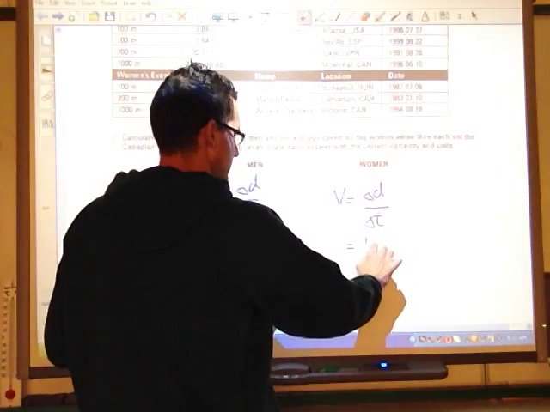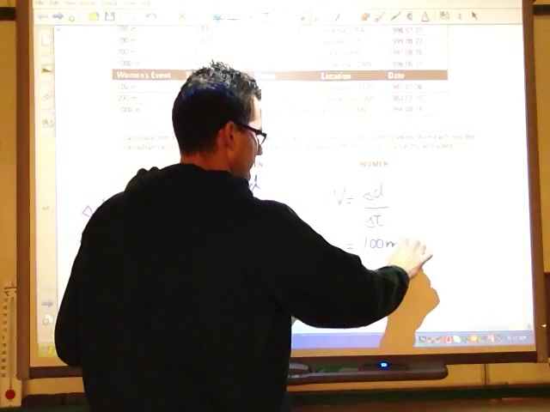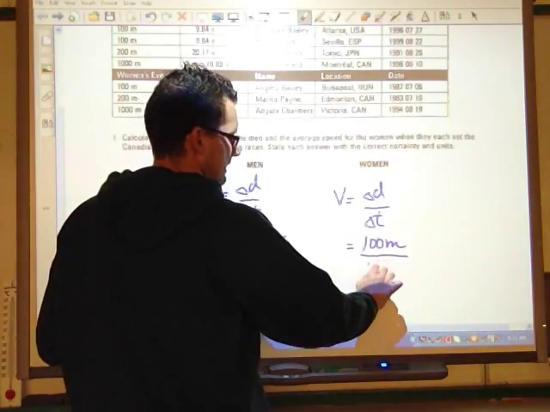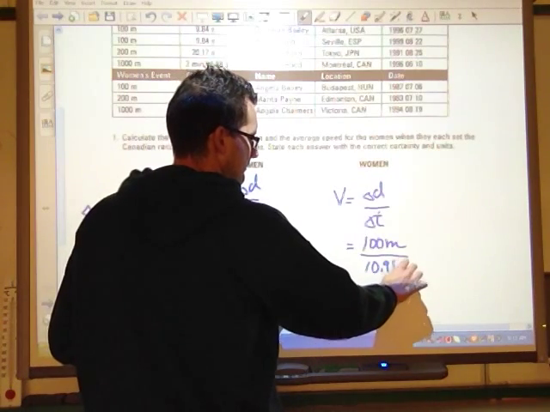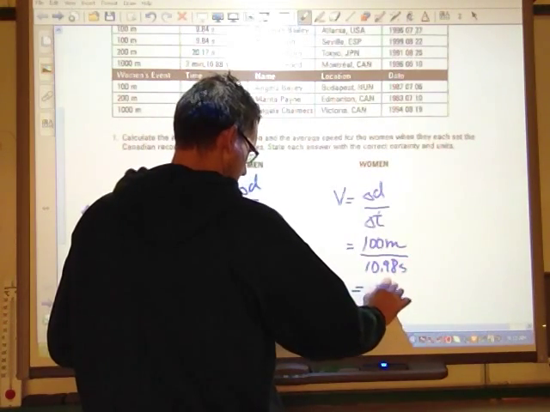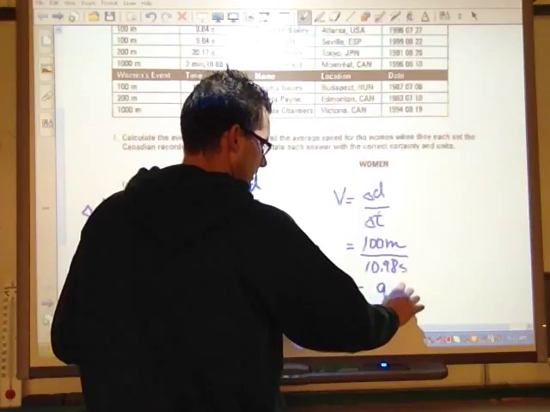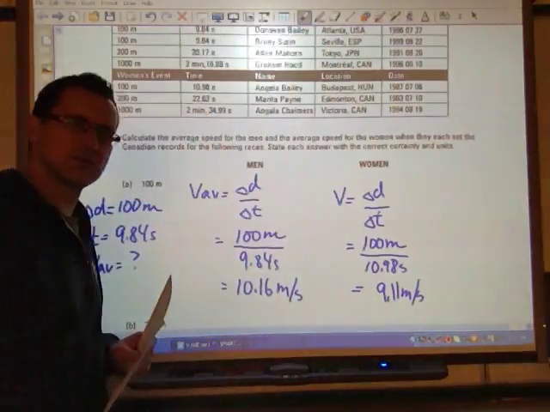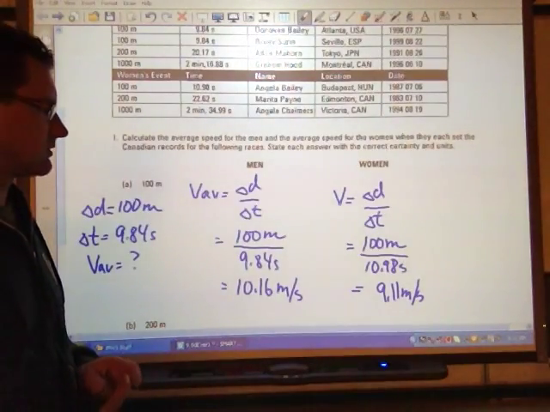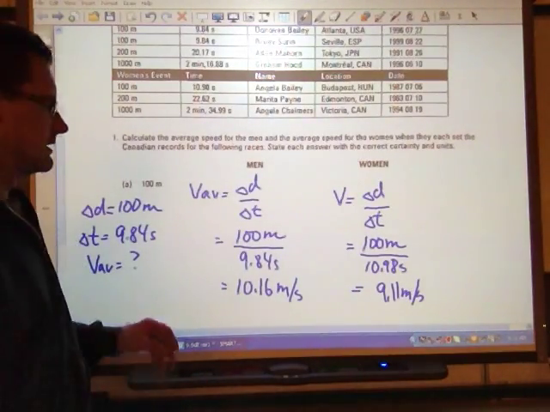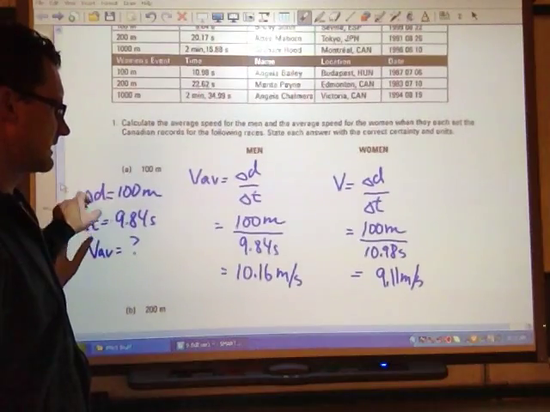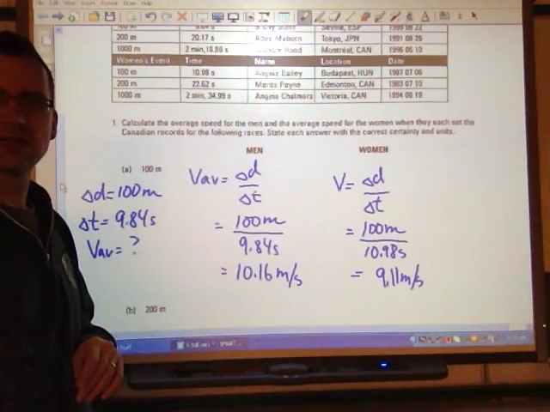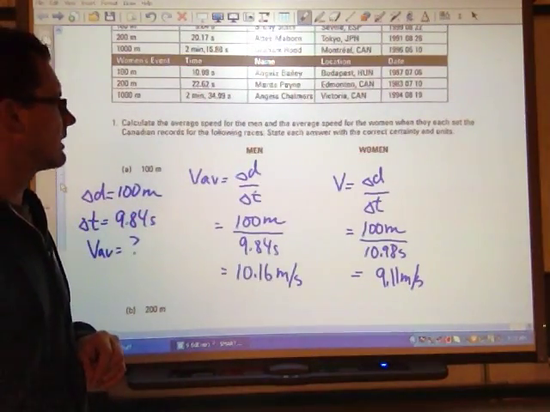So again, she went 100 meters, and her time was 10.98 seconds. If you put that in your calculator, 9.11 meters per second, I believe, is what you get. So she's a little bit slower: 9.11 meters per second, whereas the guy is 10.16 meters per second.